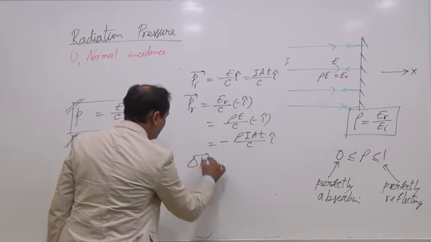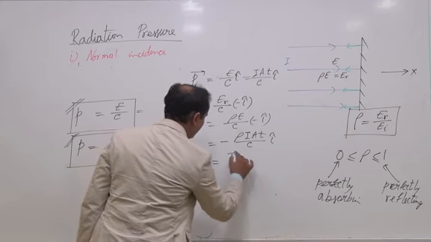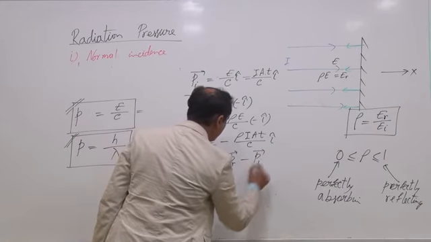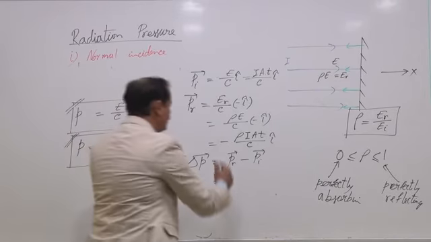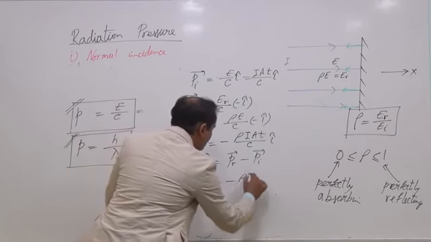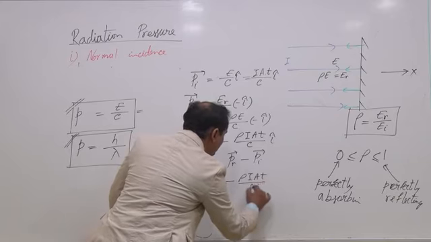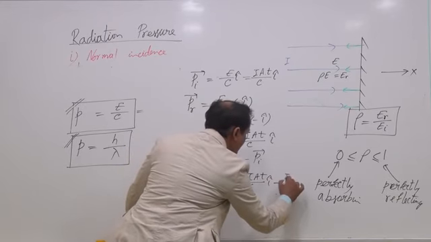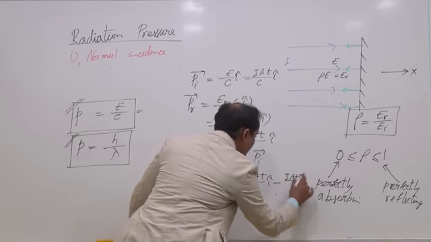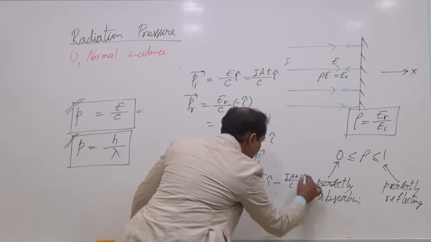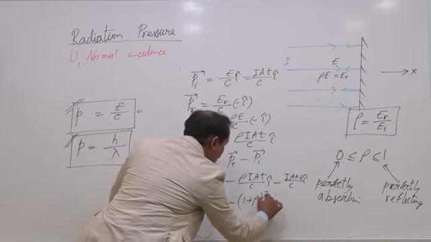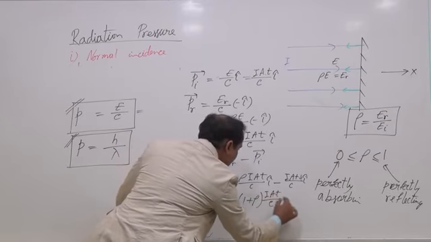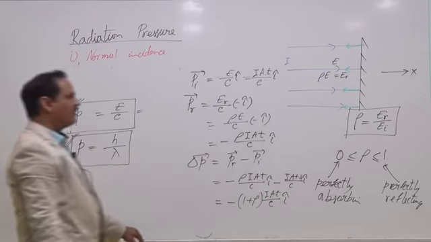Change in momentum, delta P, is P reflected minus P incident. This is equal to minus rho IAT by C i cap minus IAT by C i cap, or we can write minus (1 plus rho) IAT by C i cap.